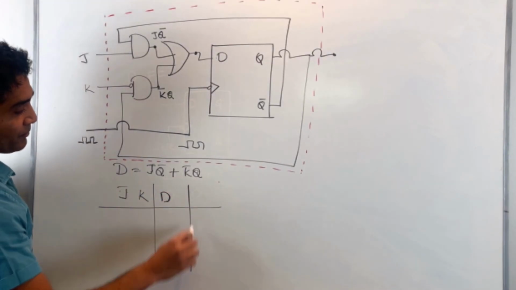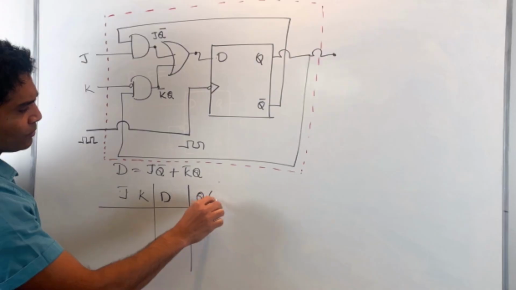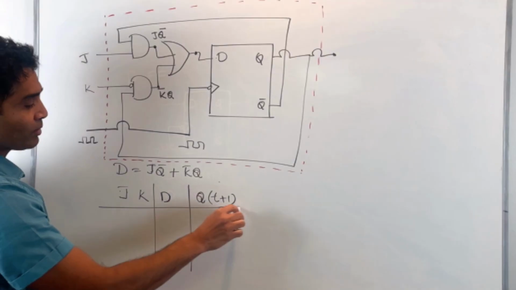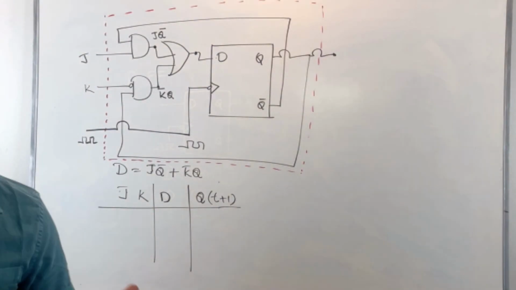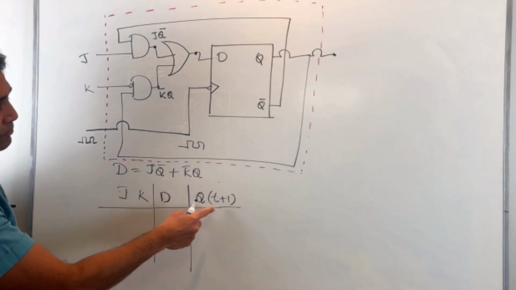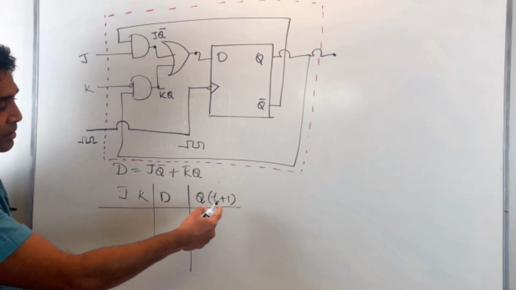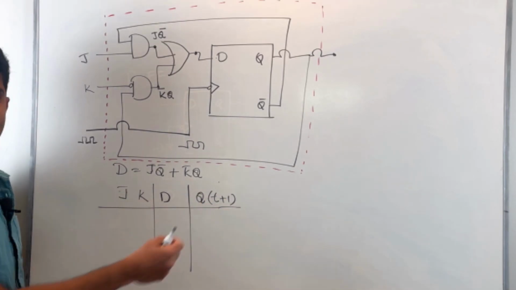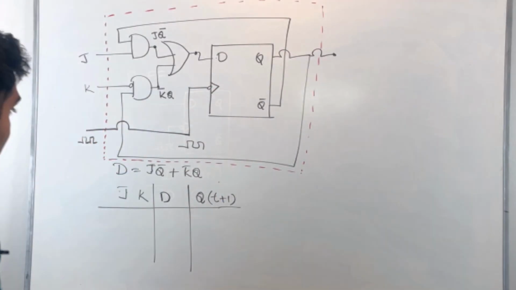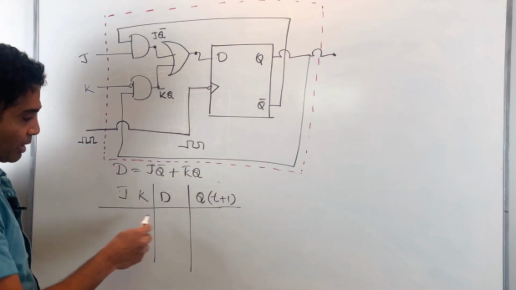And then I have Q and Q prime. Because this is an edge triggered flip-flop, I can write in terms of Q(t+1), as in I'm applying J and K inputs on the inactive edge of the flip-flop, and I'm examining what's going to happen to the flip-flop once it is triggered. In this case, the D flip-flop is triggered. Okay?